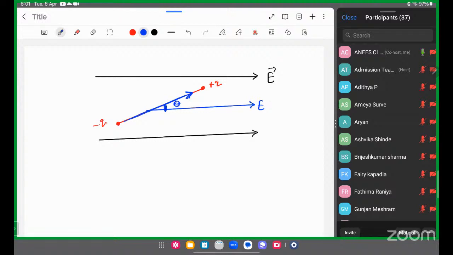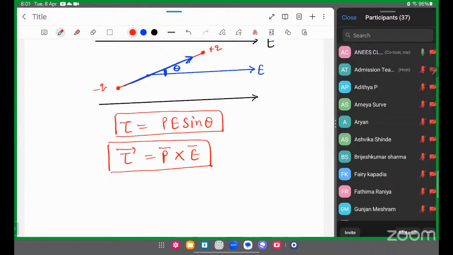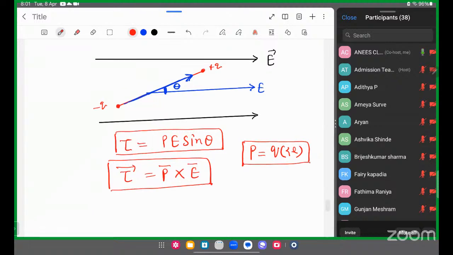So torque is given by PE sine theta, which in vector form is P cross E. In this formula, P is dipole moment, that is charge into distance, E is electric field, and theta is the angle between P vector and E vector.